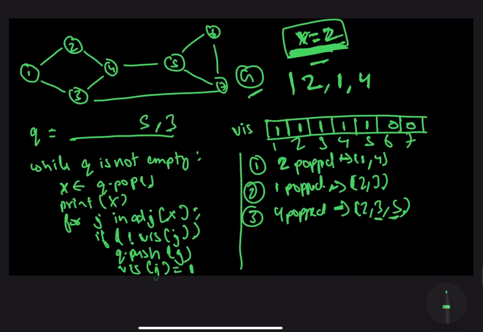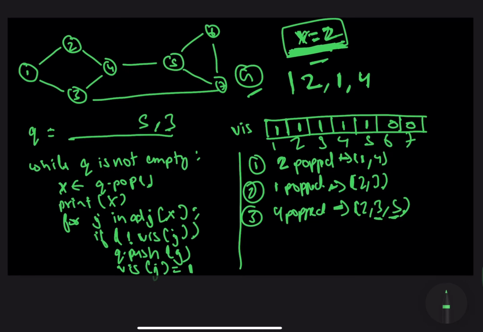All right, now proceeding with the fourth iteration. Since 3 is the frontmost element, 3 will be popped, and since we are iterating over 3 now, let's append 3 over here. Then we will iterate over all the nodes adjacent to node 3, which are the nodes 1, 4 and 7.